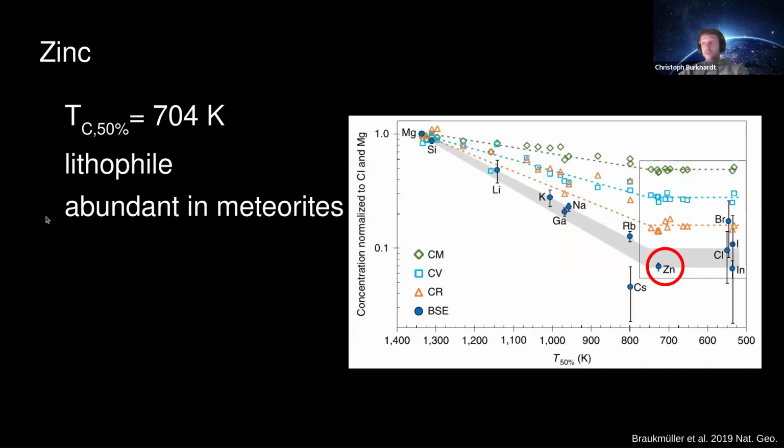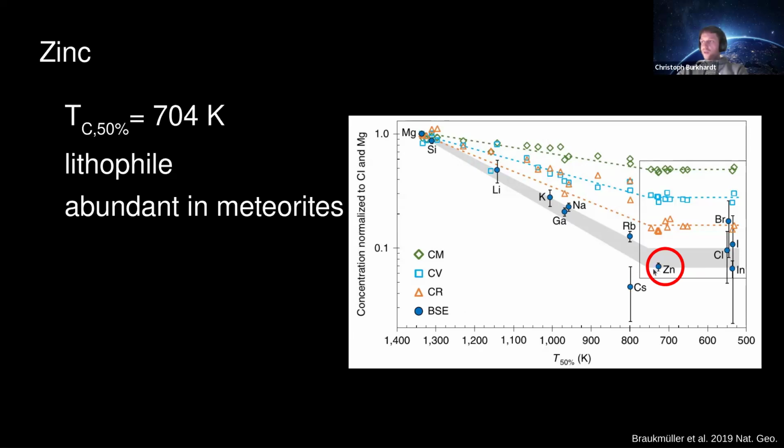So we thought about looking at zinc. Zinc is not really water, but nevertheless, it's a moderately volatile element, and it is a plateau volatile element. What you can see here is condensation temperature against concentration for different meteorite types and the bulk silicate Earth.